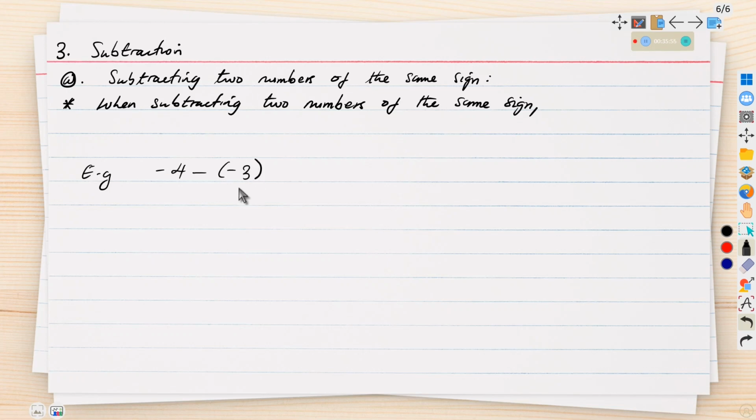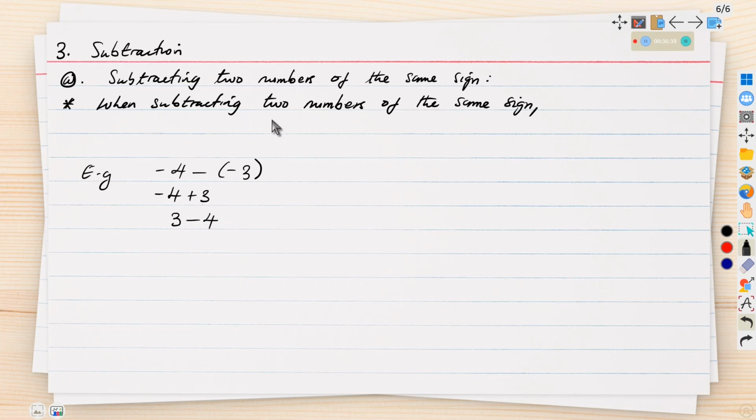This also seems like subtracting two numbers of the same sign. This is negative and this is negative. You are subtracting. But in reality, this can be negative 4, then negative times negative becomes positive 3. If you want, you can swap them. You start writing with 3, then you end writing with 4. So it changes to subtracting a smaller number from a bigger number.